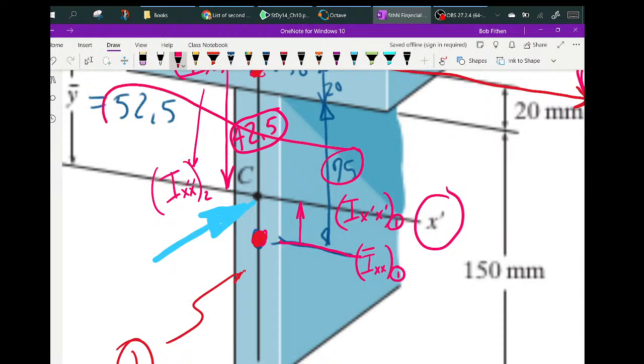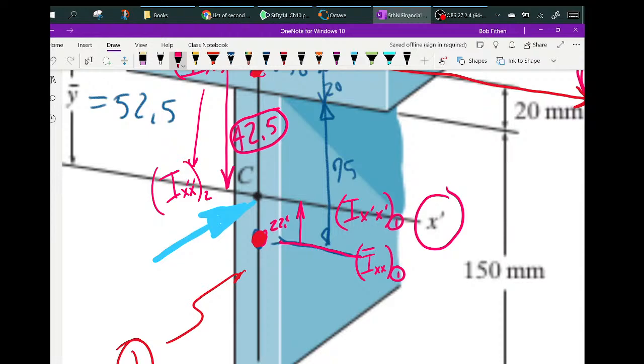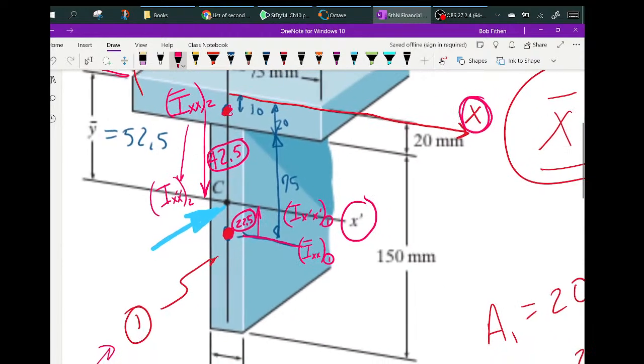And I've got to subtract 52.5 from that to get that distance. So if I do that, 75 minus 52.5 is 22.5. Now, let's list those things.